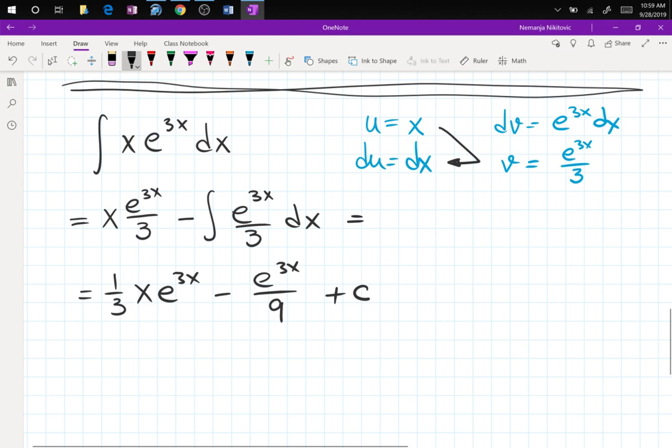And then, well, yes? If you have, let's say, x squared on the top there, starting off, you have to do this again. Like chain rule kind of.